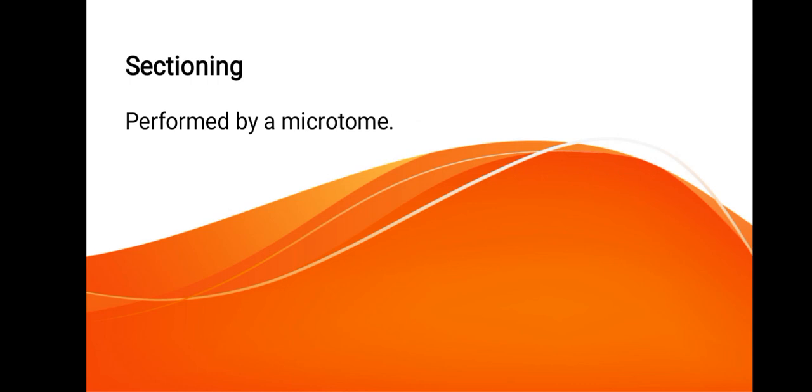The sections are then placed on a pre-cooled glass slide, permitted to come to room temperature since they were initially frozen, and stained with specific dyes or treated for immunocytochemical studies.